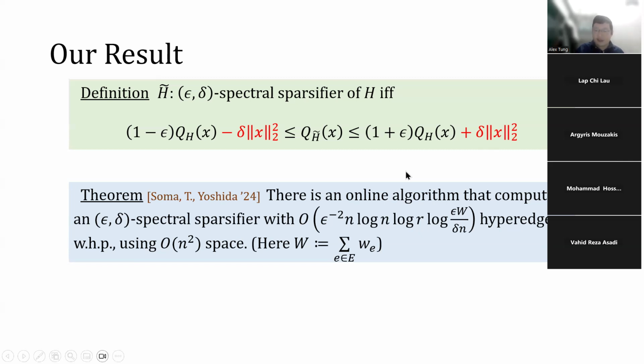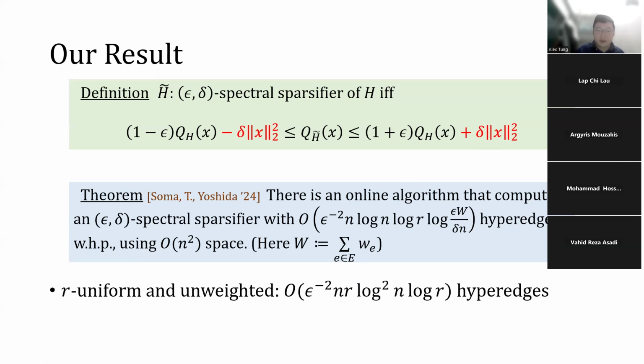To better interpret these results, let's consider just one special case. We can show as a corollary that if the hypergraph is r-uniform, so each hyperedge is of size r, and if it's unweighted, then this translates to n r log squared n log r divided by epsilon squared hyperedges.